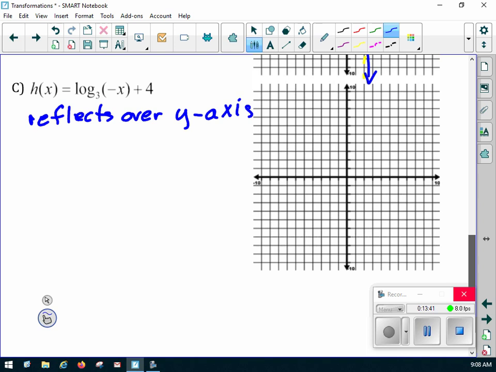But if a logarithm, which normally looks like this, reflects over the y-axis, what's it going to look like? It's going to look like that, right? So just keep that in your brain. What else? Up 4.